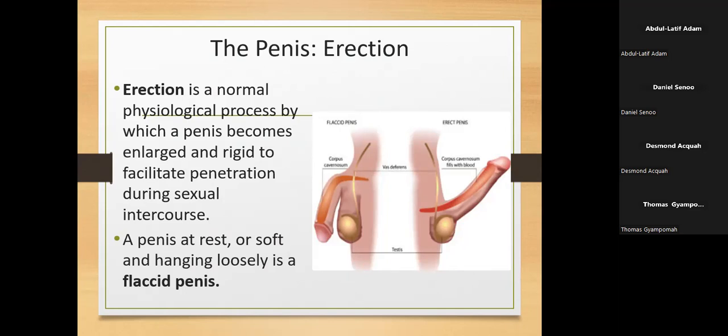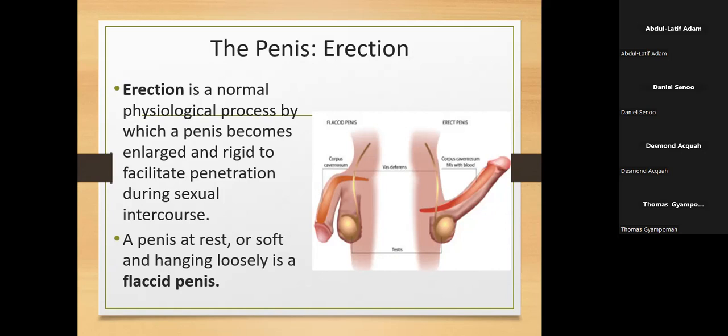Once it has become enlarged and rigid, which all of us know about, it is an erection. The essence of it is to facilitate sexual intercourse. That doesn't mean that whenever the penis is erect, you have to go in for sex. No, that's not it. But by nature, we realize that the penis is the conduit, the means by which the sperm that are produced will get into the female genital tract.